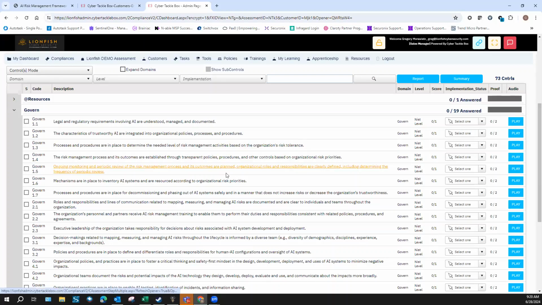Processes and procedures are in place to determine the needed level of risk management activities based on the organization's risk tolerance. So if you have a certain level of risk tolerance, you can take a certain amount of risk, you want to make sure your processes and procedures are put in place to make sure that tolerance level is what you're doing.